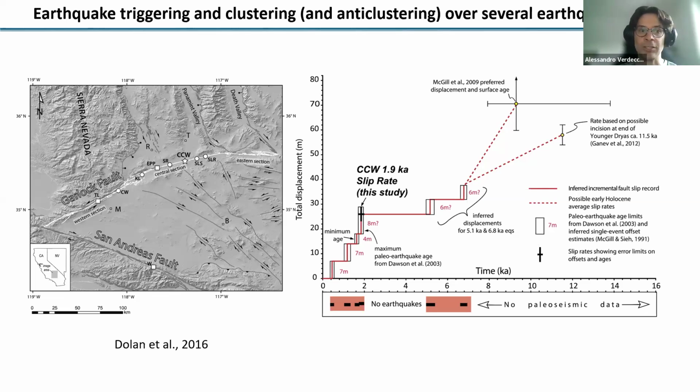And what we see, interestingly, in the geodetic data is that even if we have this strong clustering in the most recent time, the Garlock fault may be right now in a so-called anti-cluster period, a period where it's more silent. This is because geodetic observations, or GPS data, have shown that the geodetic slip rates are very low. So the fault is not really accumulating so much stress.